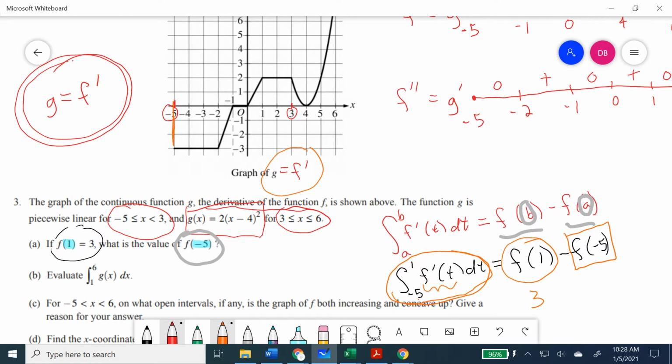From negative 5 until I reach positive 1. Everything in between, I'm going to break it down to a square that is a 3 by 3. The area is 9, but the integral will read it as negative 9.